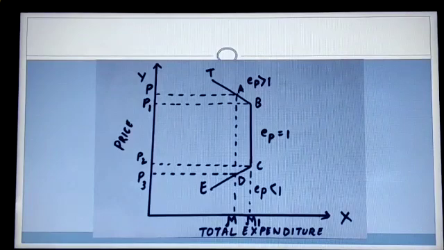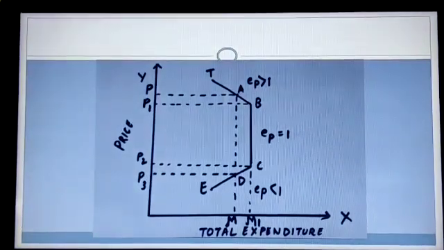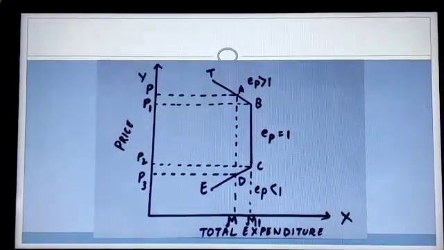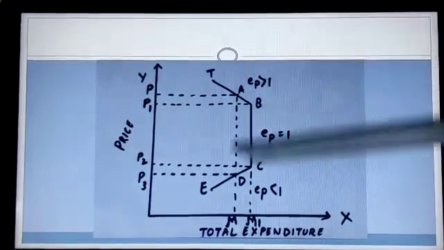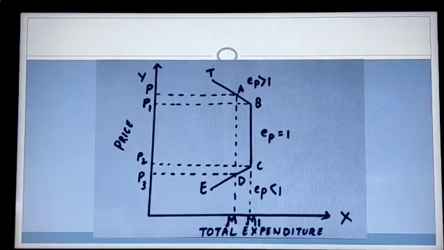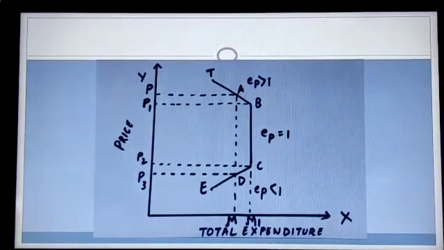We move on to this diagram. I'll try to explain this diagram to you. First of all, plot the x and y axis as normal. On the x axis put total expenditure, on the y axis put price. First you'll make the curve TE.